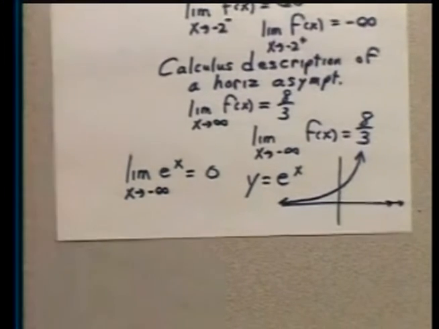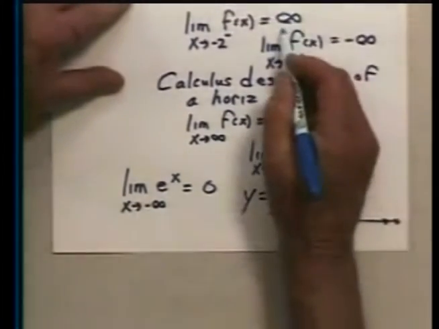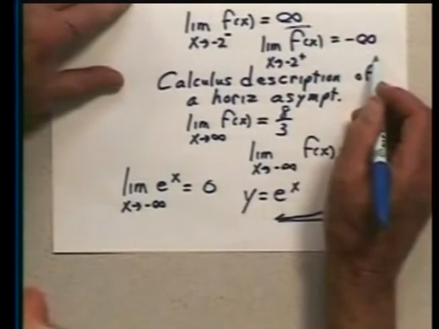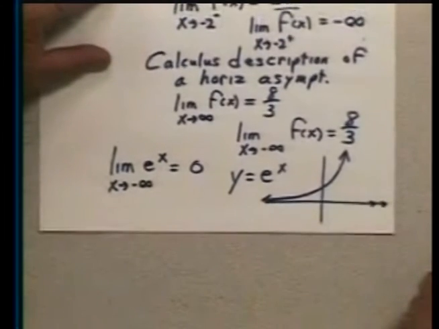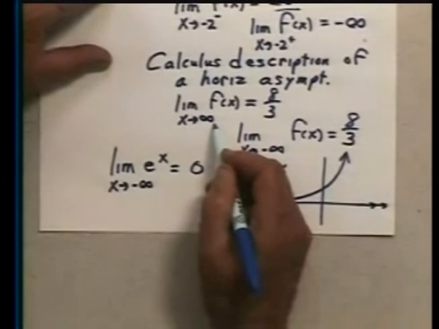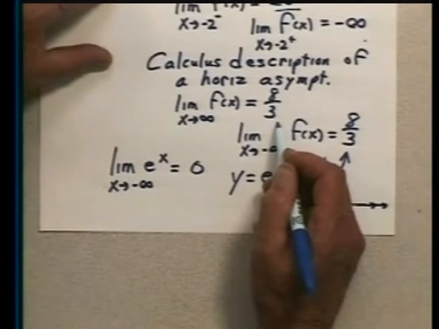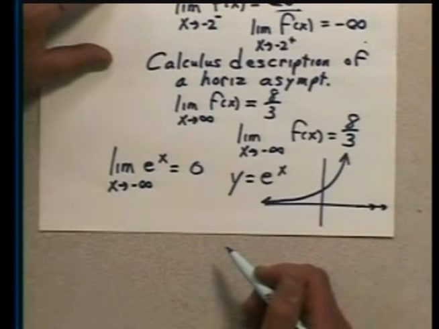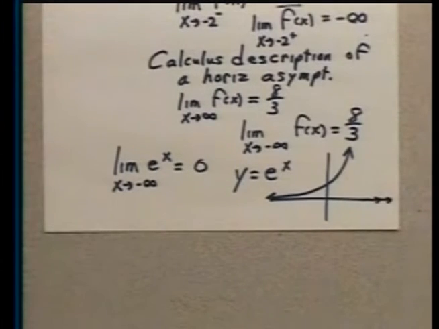So one more time, if you have a vertical asymptote and you describe it with a limit, the answer is either infinity or negative infinity. If you want to describe a horizontal asymptote, then x approaches either infinity or negative infinity, and the answer is some constant, whatever the horizontal asymptote is, wherever that level is. Okay, that's kind of the introduction.